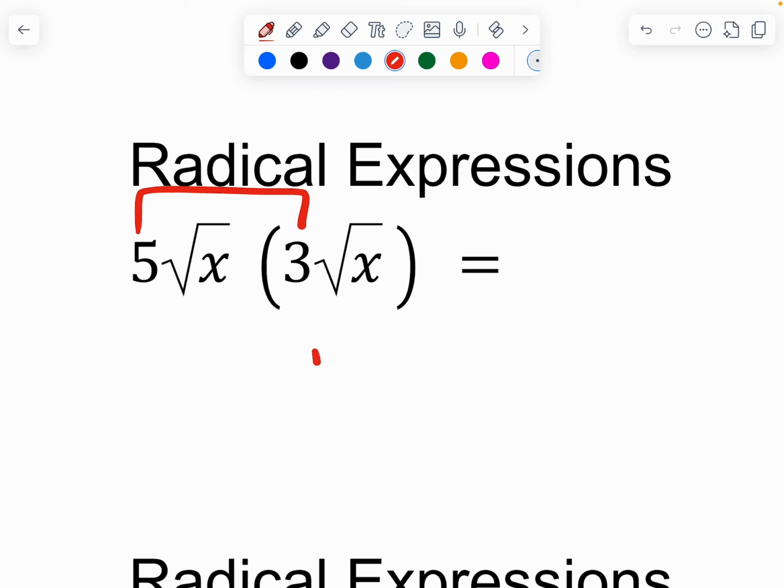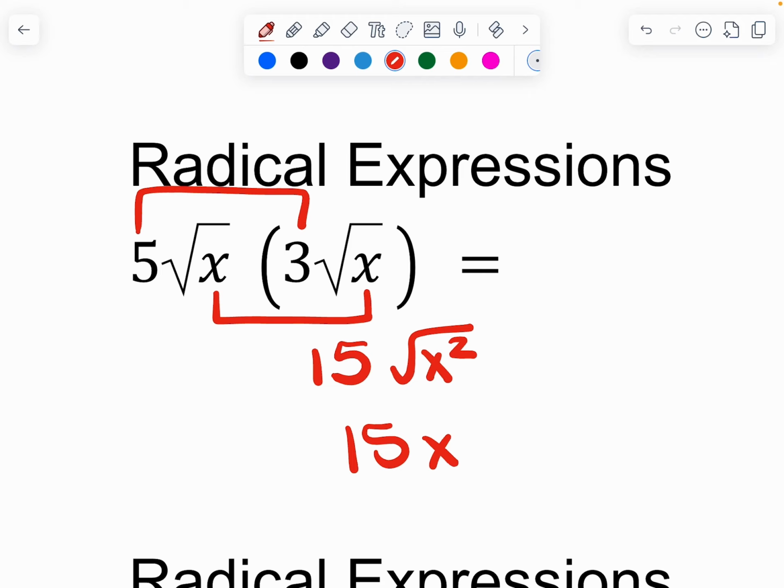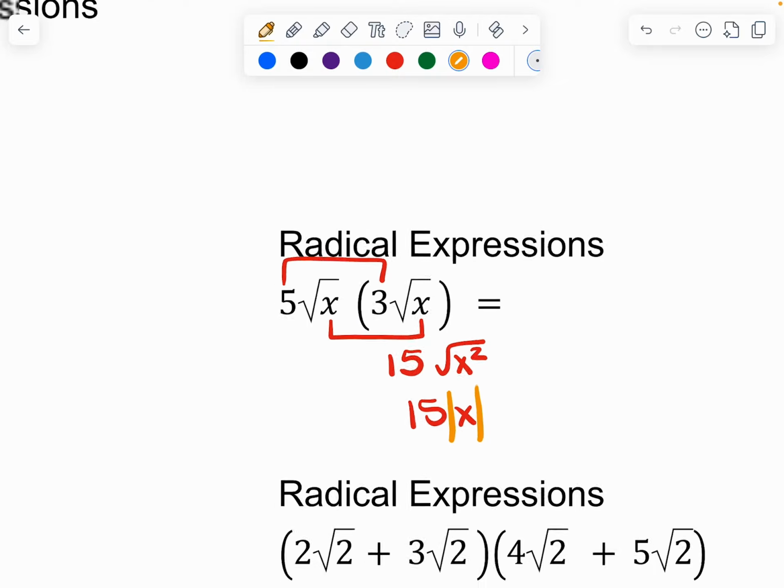Multiply, I get 15. Multiply, I get the square root of x squared. Ooh, the square root of x squared is x. Now, sometimes you'll actually see it with absolute values on it, and it just means that you have to be plugging in a positive x value.